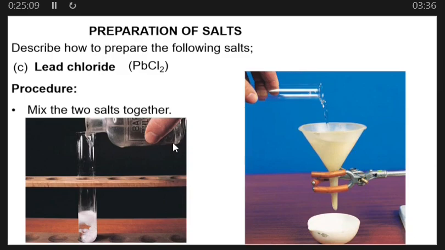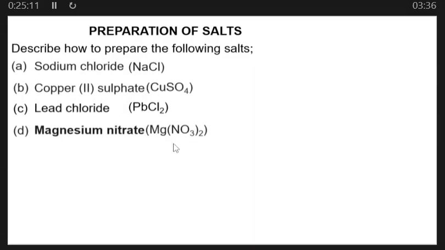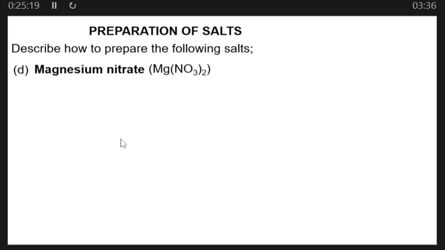So let's move to another salt here, which is magnesium nitrate. Now when we ask ourselves the question, is the salt soluble? We should know that all nitrate salts are soluble.